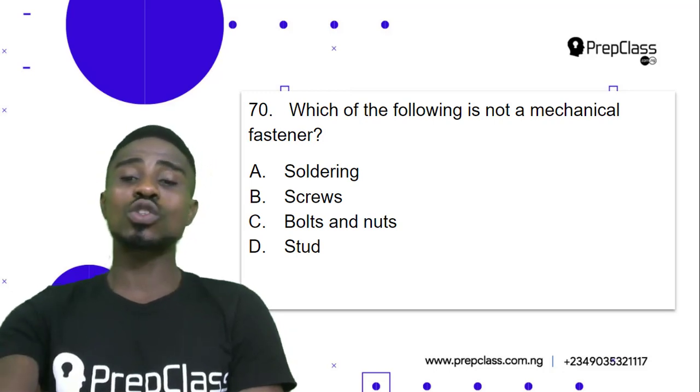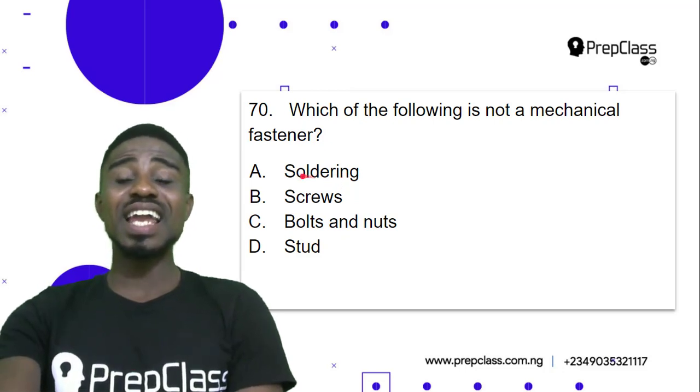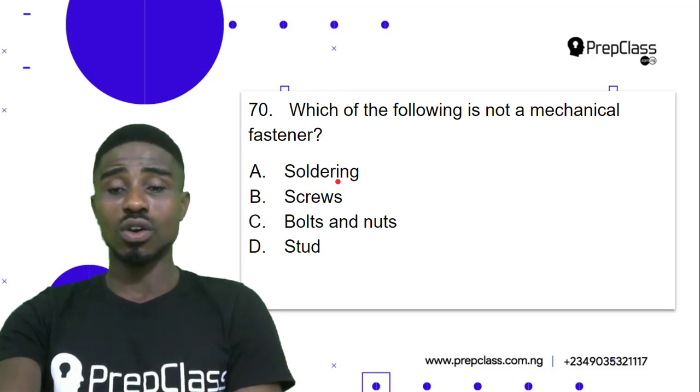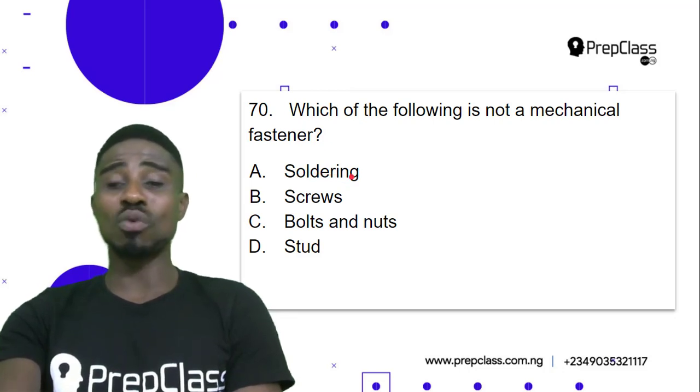Now, option A, soldering, is not a mechanical fastener. It is an electrical fastener, because we know we use soldering in holding electrical devices together, especially in our electrical circuits or in our electrical panels. So soldering is used to hold electrical devices, wires and the rest together. So this is our correct answer.